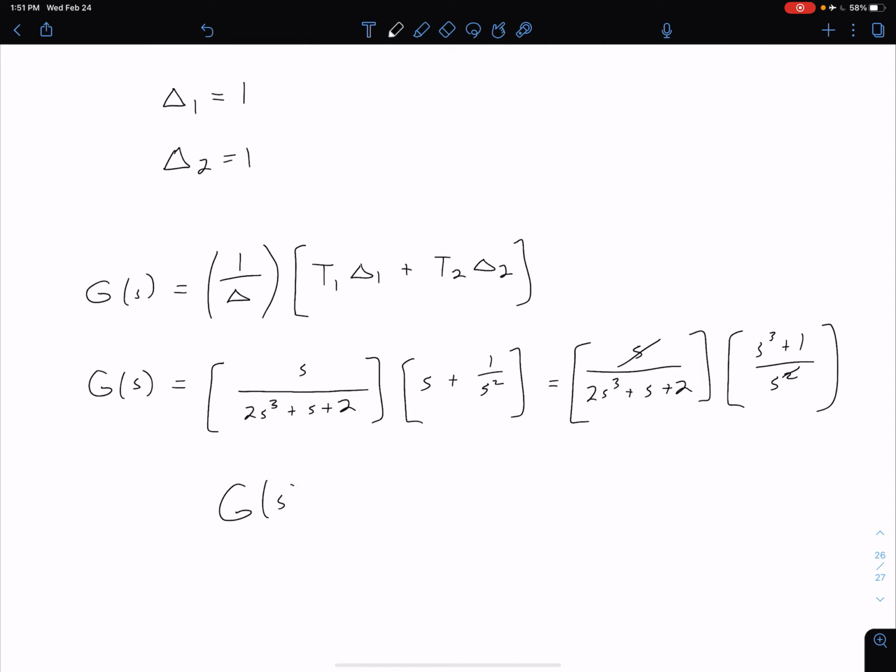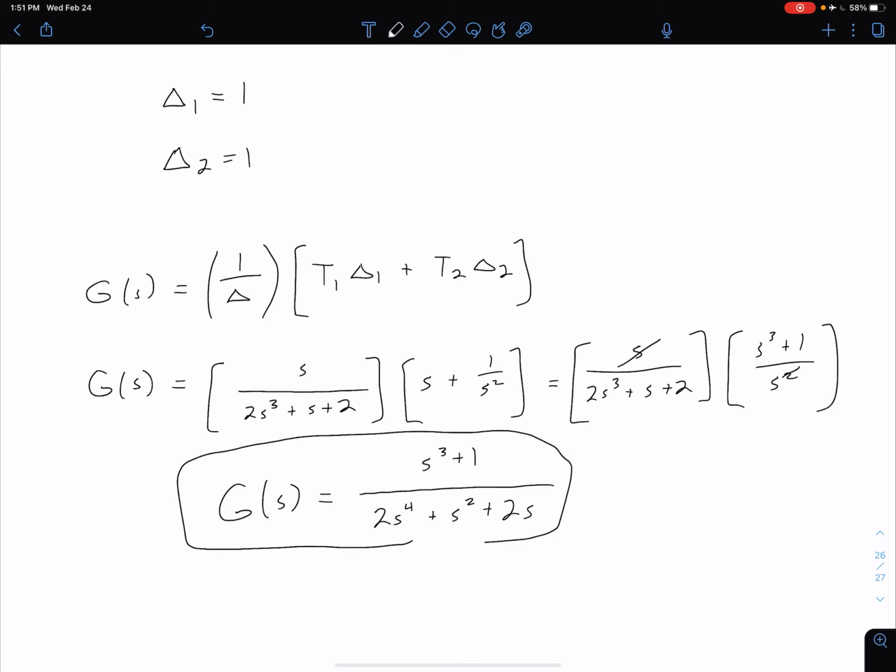And we get that our G of s is equal to, in the numerator, s cubed plus 1 still. In the denominator, we multiply that s term through to get 2s to the 4th plus s squared plus 2s, which, of course, as we would expect, is the same result that we got from doing our block diagram algebra. And so that just illustrates how you can do either one of these methods.